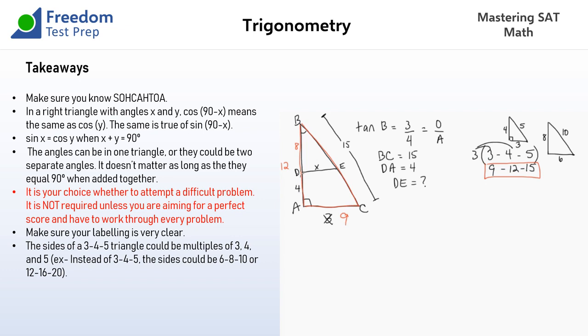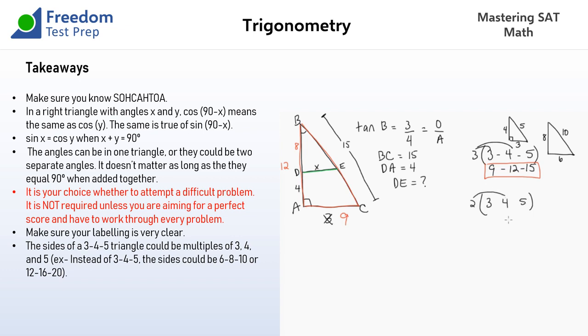Okay, so that's great. Now we still have to get to X, right? We're still trying to get this line here. But now we finally know one of the sides, so we can do this 3, 4, 5 thing again. We know that one of the sides, or the 4 side, is 8, which means we have multiplied everything by 2, right?